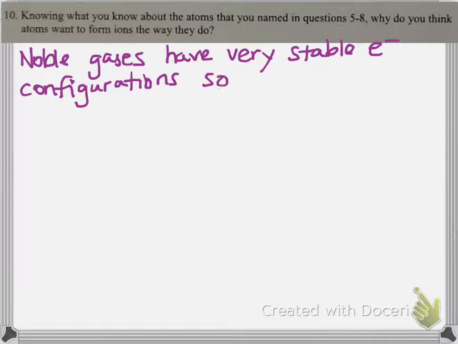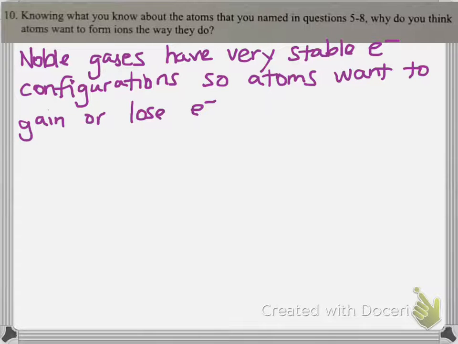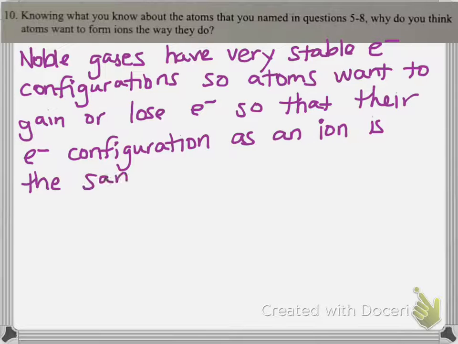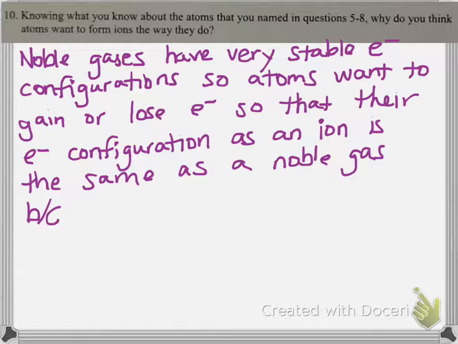So what we see is atoms want to gain or lose electrons so that their electron configuration as an ion is the same as a noble gas. Because it's stable.